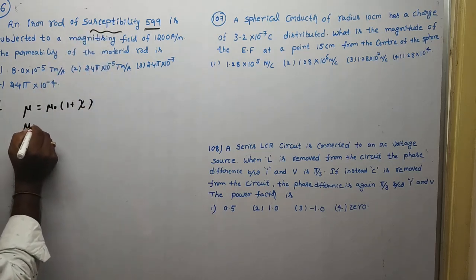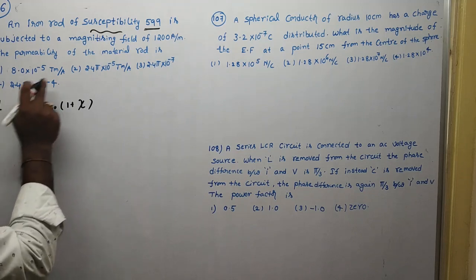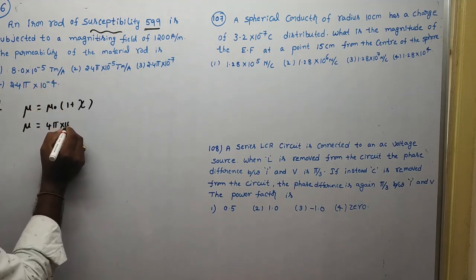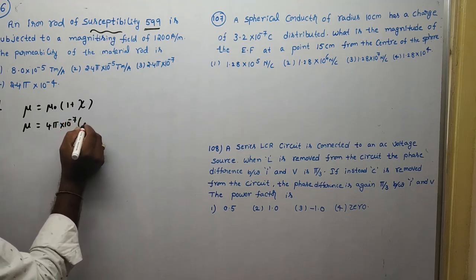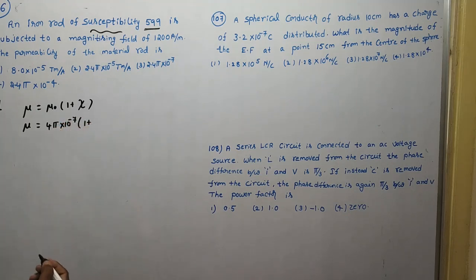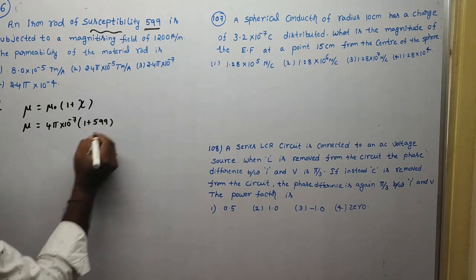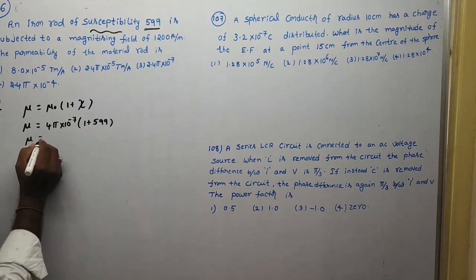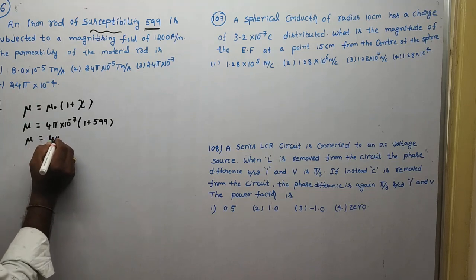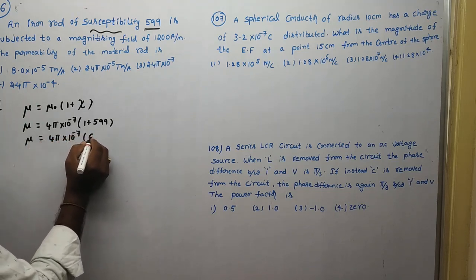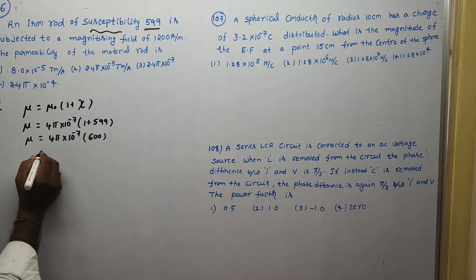Therefore, mu equal to, here mu naught value is 4 pi into 10 to the power of minus 7, 1 plus, here chi is 599. Therefore, mu equal to 4 pi into 10 power minus 7 into 600.